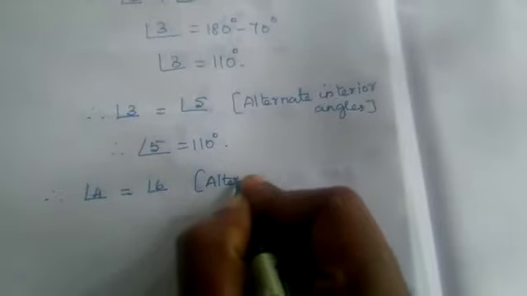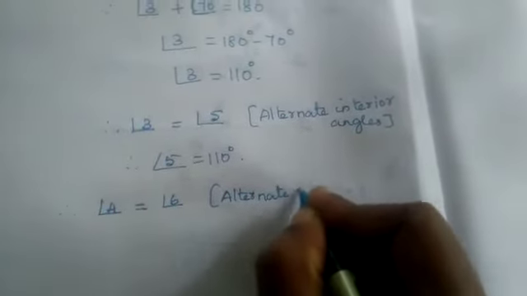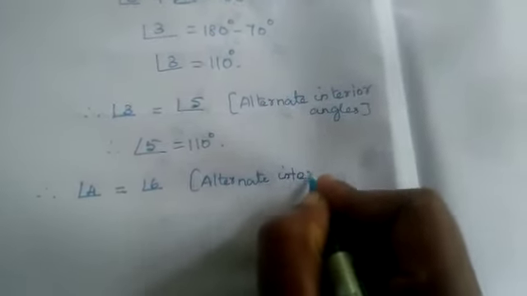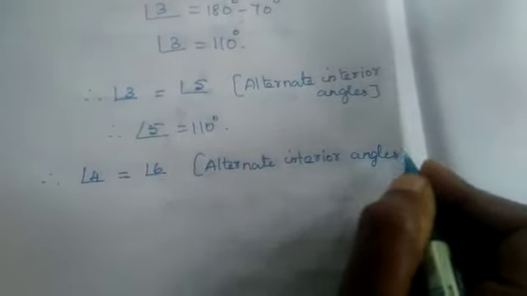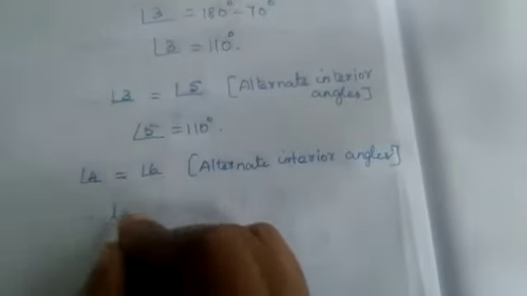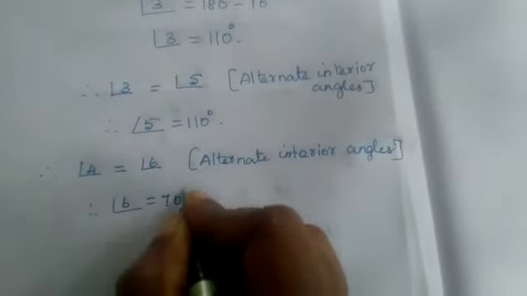Now angle 4 equal to angle 6, alternate interior angles. Therefore angle 6 equal to 70 degree.